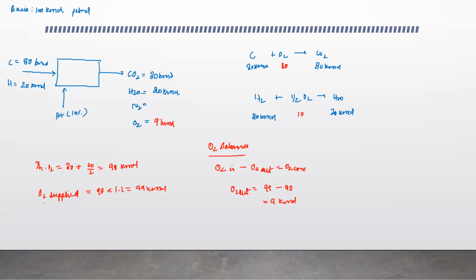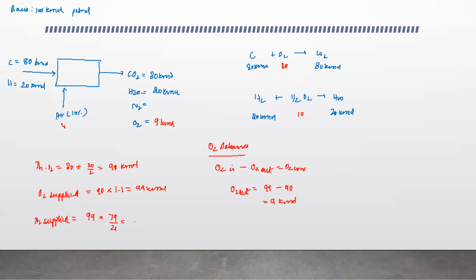All right. And then nitrogen, whatever is in the supplied air, the same amount of nitrogen is going to be over here, right? So nitrogen supplied, we discussed how to get nitrogen supplied from oxygen supplied, that is oxygen supplied into 79 by 21.